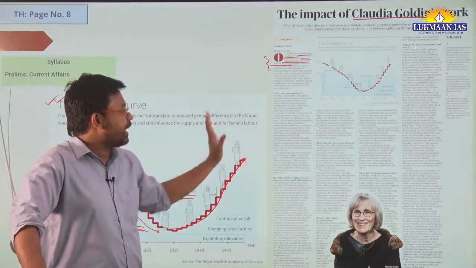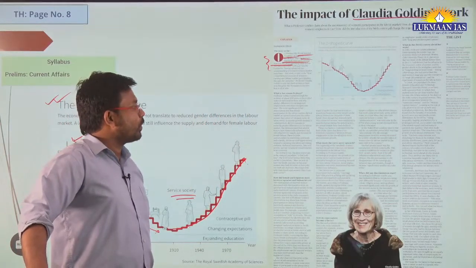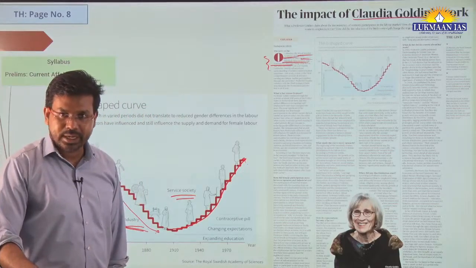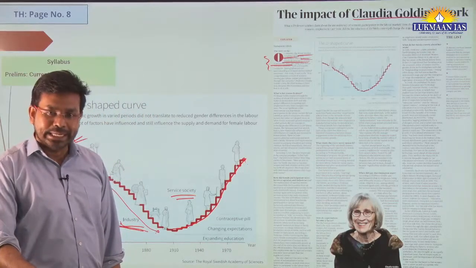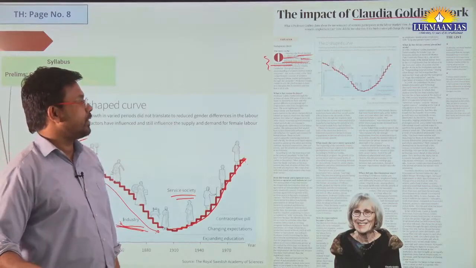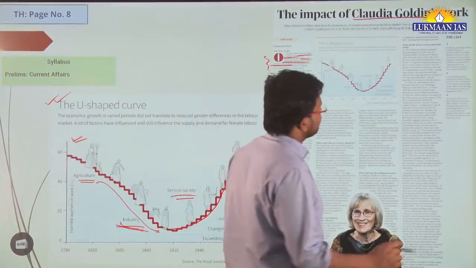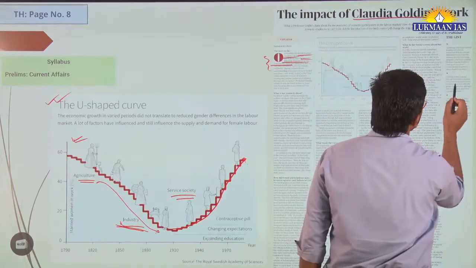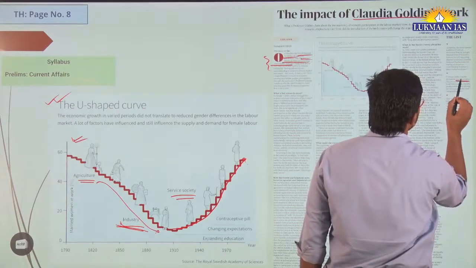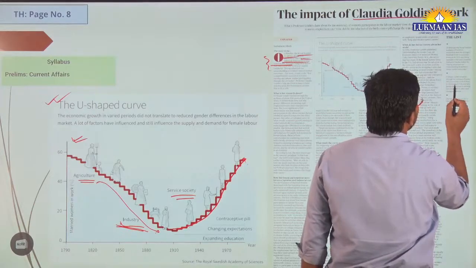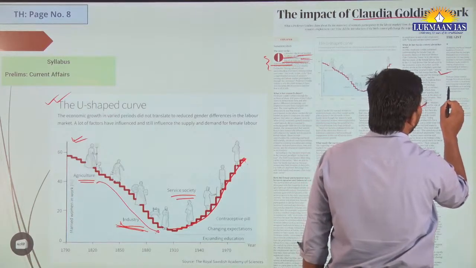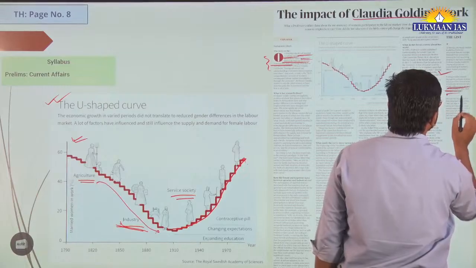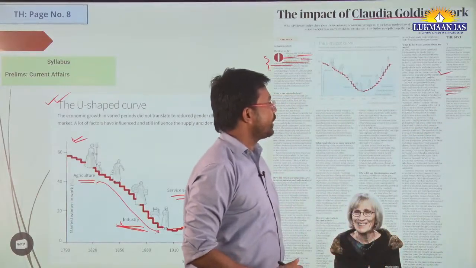So basically, her work revolves around gender parity at work, and she has talked about multiple factors. They say Professor Goldin trawled through the archives of about 200 years of the United States to demonstrate how and why gender differences in earnings and employment rates have changed over time.